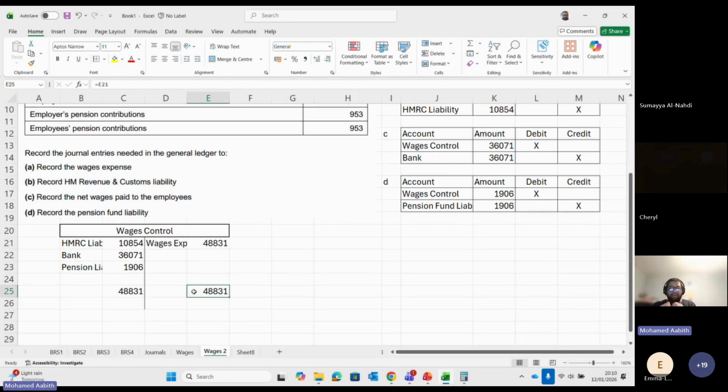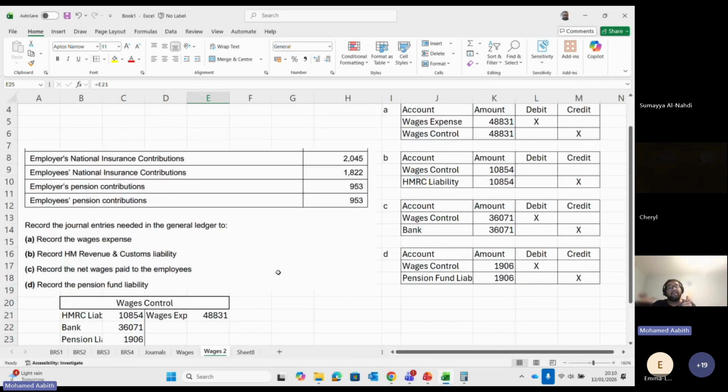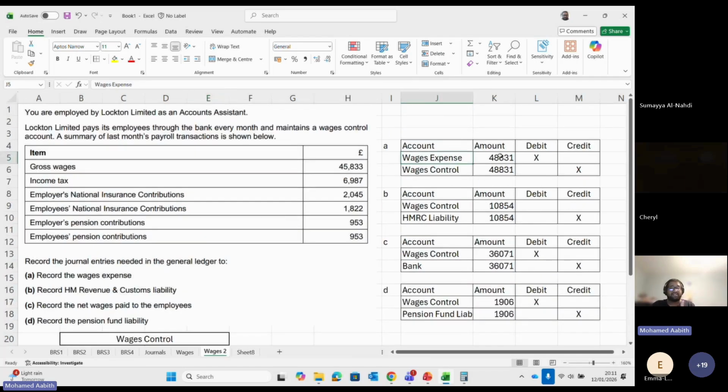We got the money, we distributed it to 3 different entities, HMRC, pension, and the employees, and there are no longer any amounts left. The only remnant of it is the wages expense. Wages expense will go into my profit and loss statement as an expense to the business, because it costs me 48,831 pounds to employ all those people. Okay, so that is a really good way of showing it.